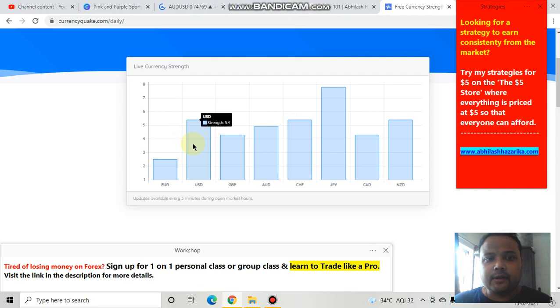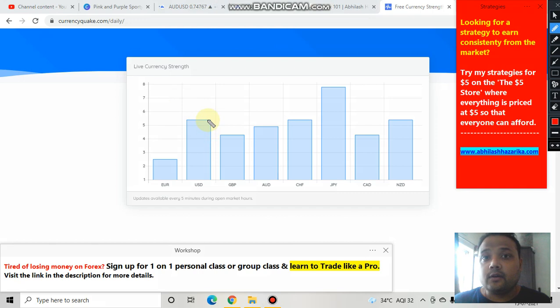In the currency strength meter also you can see that US dollar is standing tall in comparison to GBP. And as I have clearly spoken in my hundreds and hundreds of videos, whenever we get two currencies of almost equal strength, then there is a possibility that the market will be in a sideways range, or there will not be a trending market.